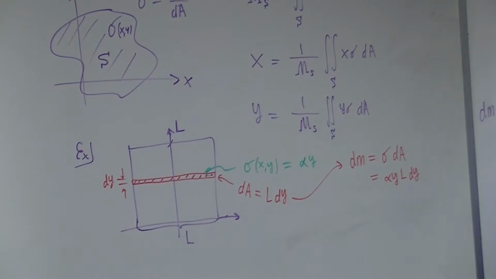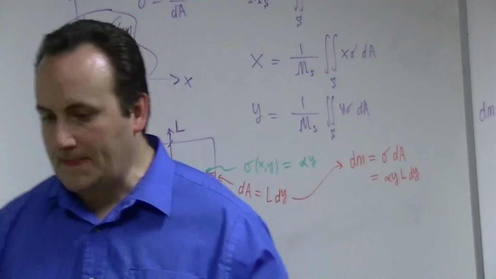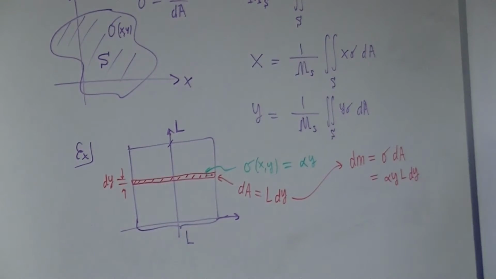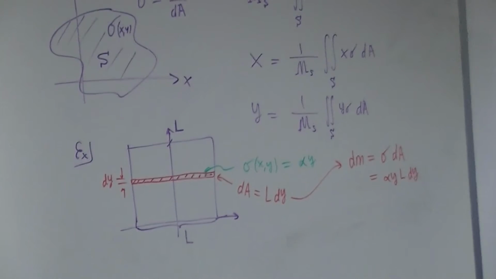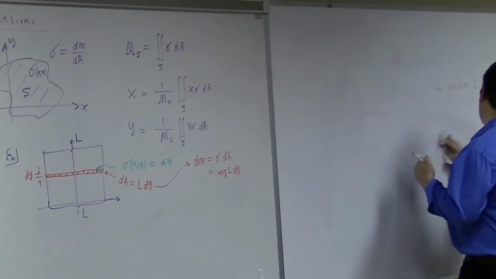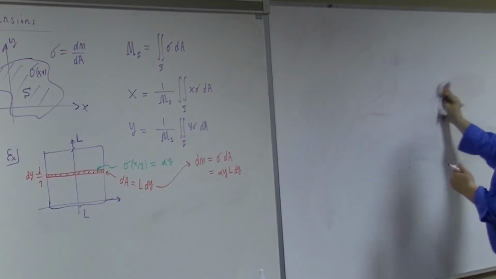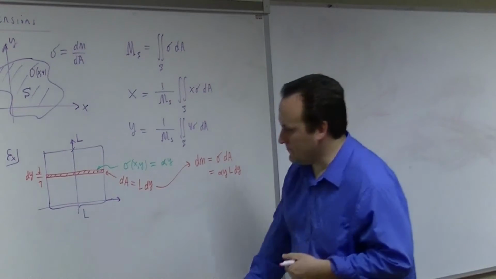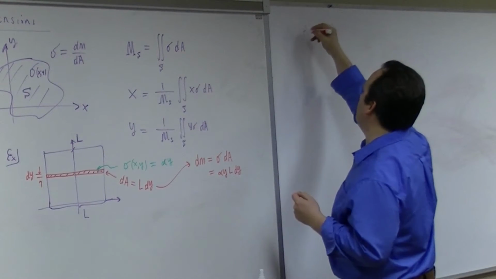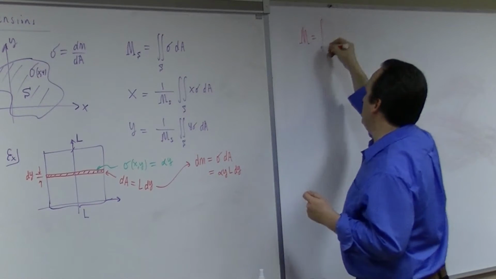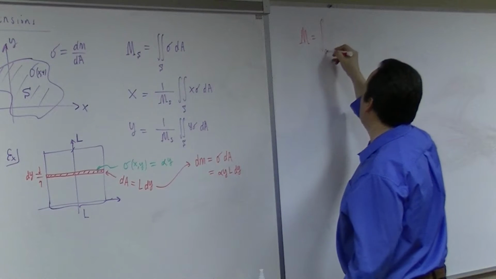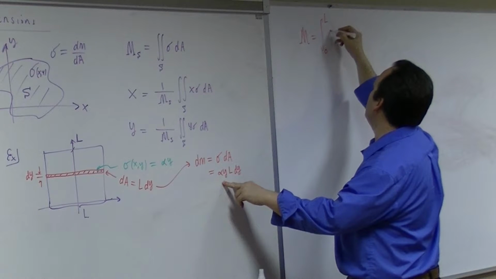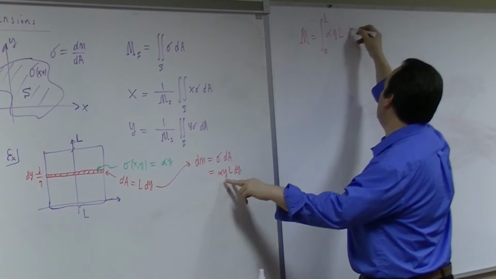So if I want to calculate the total mass in this square, what do I do? Add them up, right? And the way we add things up in a continuum is to integrate. So total mass is the integral from 0 to L of dm, but dm here is alpha y L dy.